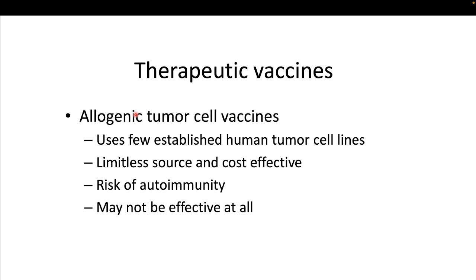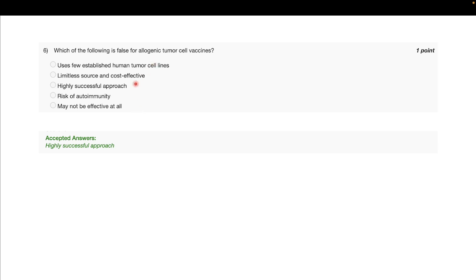It's not necessarily that your patient will have the same kind of antigen, same kind of protein mutated as any other person. So it might not be effective at all. The only false option here is it's a highly successful approach, which actually it is not for allogenic tumor cell vaccines, because it might not be effective at all. So that's why this is not a very highly successful approach. So this option 3 makes it false for allogenic tumor cell vaccines.